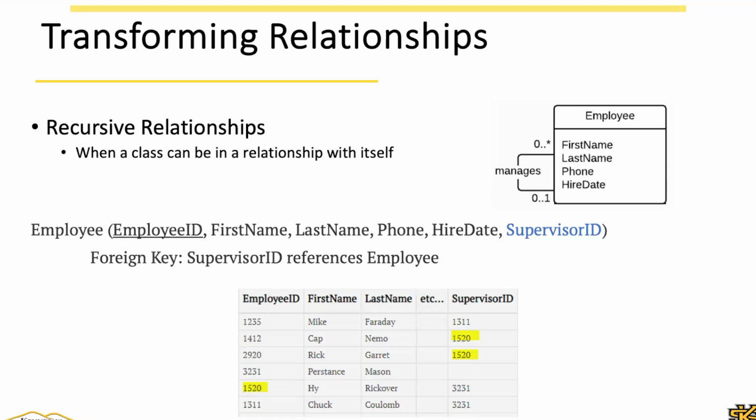The key thing to remember is that this recursive foreign key doesn't have to be unique, meaning multiple employees can have the same supervisor and the same supervisor ID.